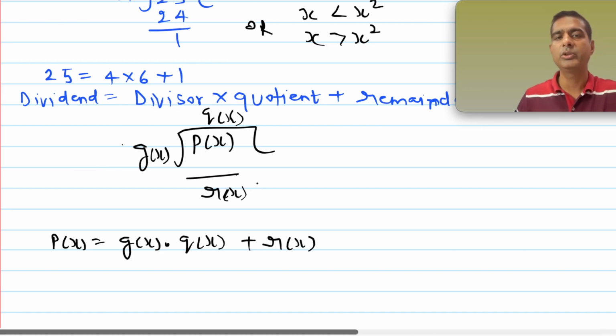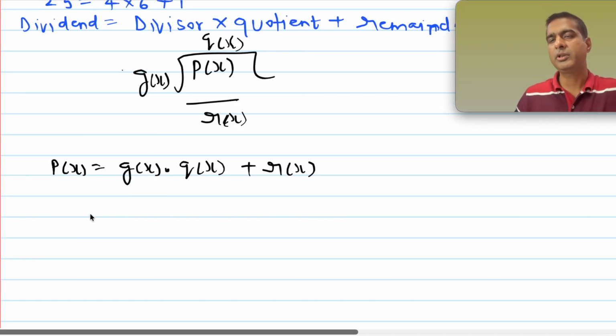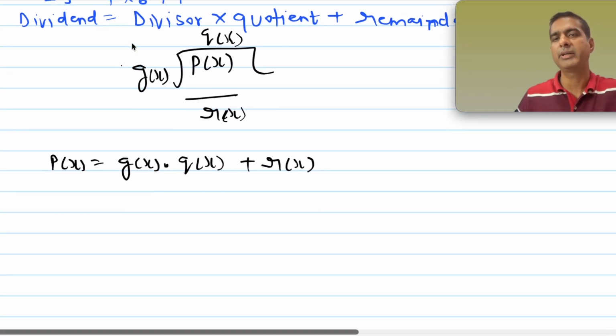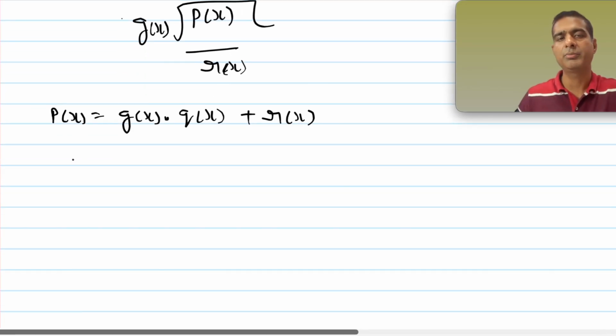And how will we know that r of x is the remainder, or whether we will be able to divide r of x further by g of x or not? In case of real numbers, we knew that when what is left is less than the divisor, we cannot divide it further. But in case of polynomials, we cannot compare the values of the two polynomials.